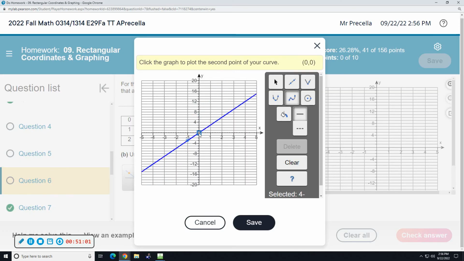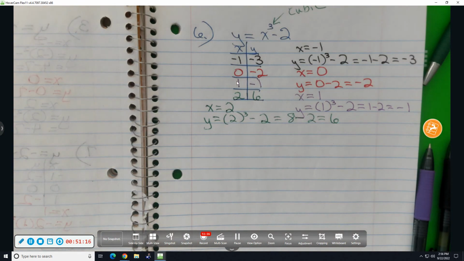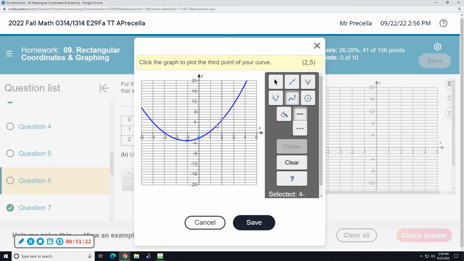Left, right, 0, down 2. Is that it? Yeah, notice that yellow box. That's where I'm looking to make sure I have the correct point. The third ordered pair is 1, -1. So right 1. And notice when you click right there, it certainly looks like a line.